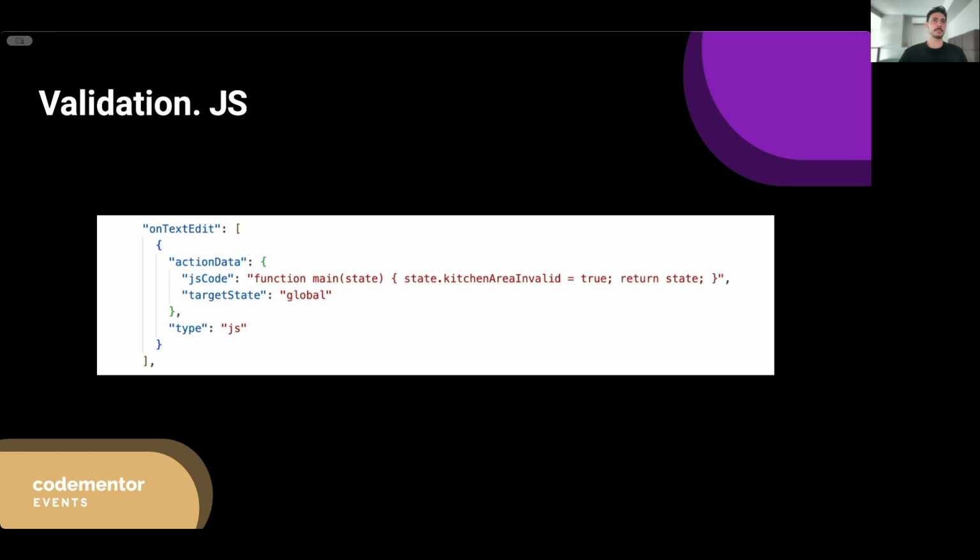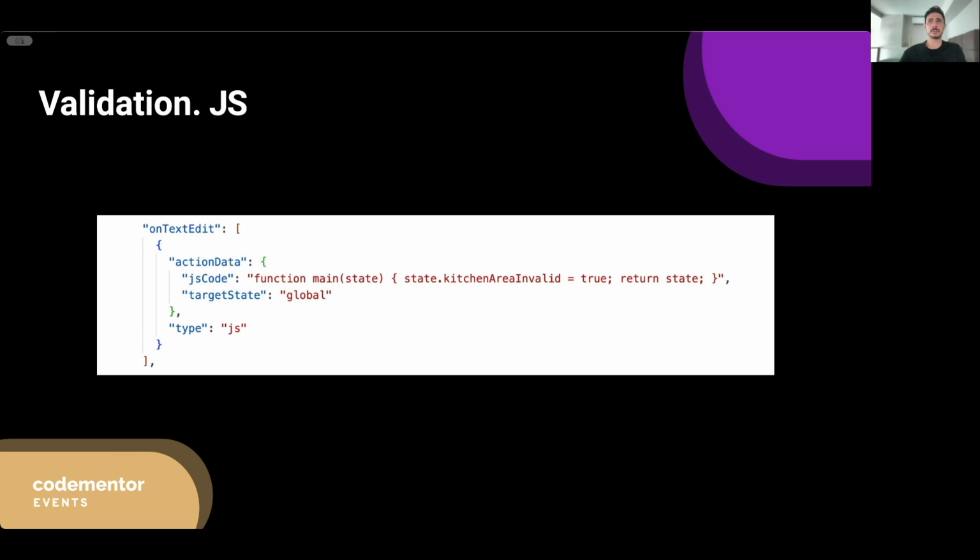With JavaScript, it looks like this. Basically, the backend can execute some JavaScript code on the client and do something with the state. It can look at different fields in the state because, well, the backend knows what fields are on the page. It can just address some fields, and it will return something.